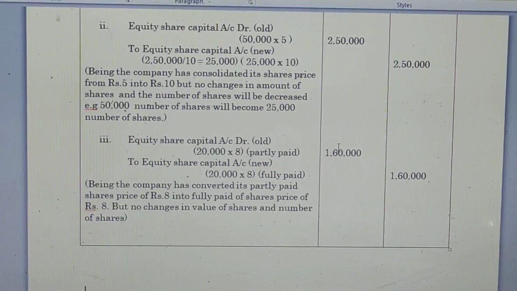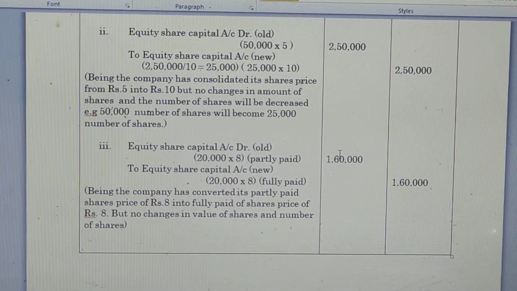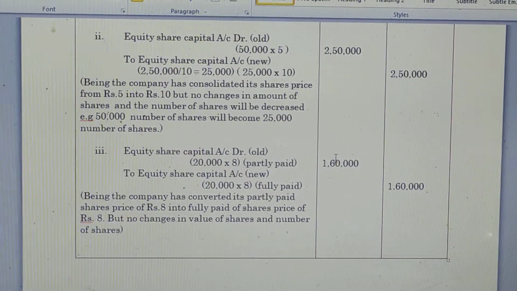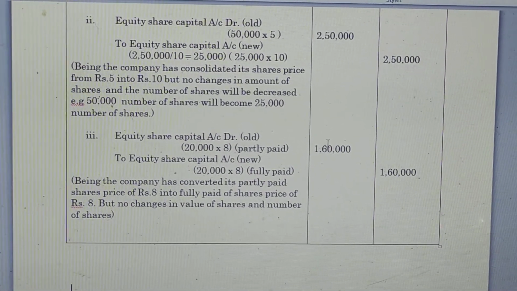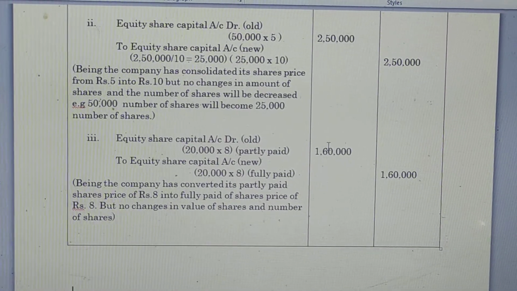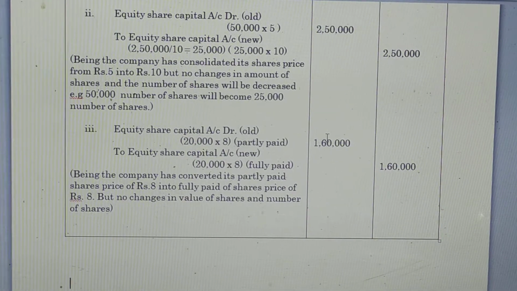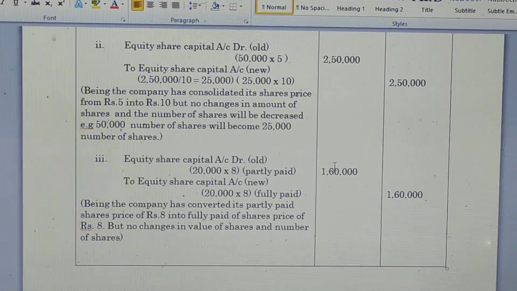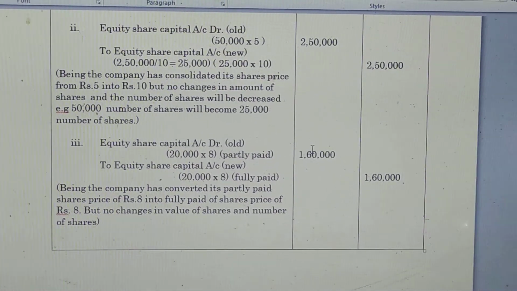And the third journal entry: equity share capital account debit, old value 20,000 multiplied by 8, that is partly paid, the amount is rupees 1,60,000. And to equity share capital account, new: 20,000 multiplied by 8, fully paid, the amount is rupees 1,60,000.